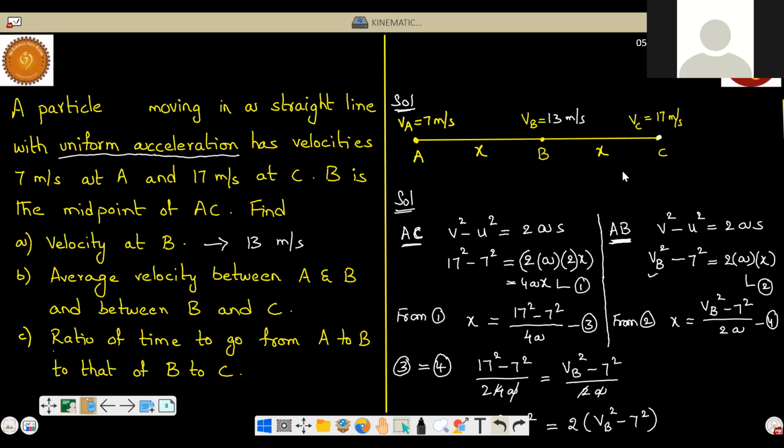Have I done the C part? The ratio of time to go from A to B to that of B to C. Please check in your notes. Deepta Teja says: Sir, you just did the first one. You asked us to do the second and third one. Achha, second and third I asked you to do.